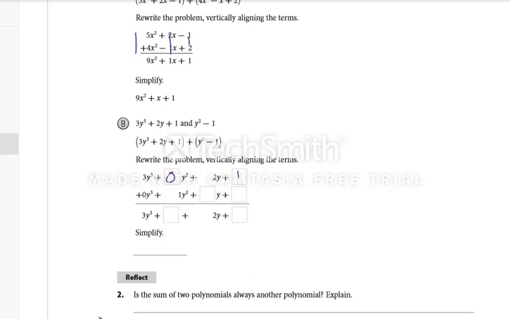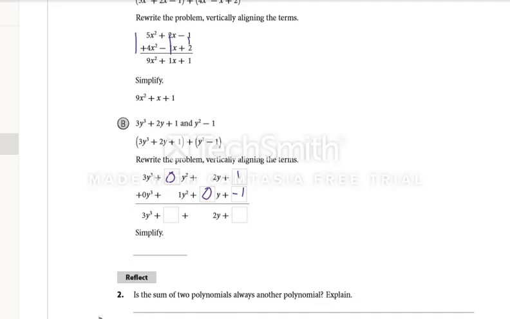So that's our first polynomial. Our second polynomial, there aren't any y cubes, so that's 0y cubed. There's 1y squared, and there aren't any y terms, so it's 0y, and then plus a negative 1.